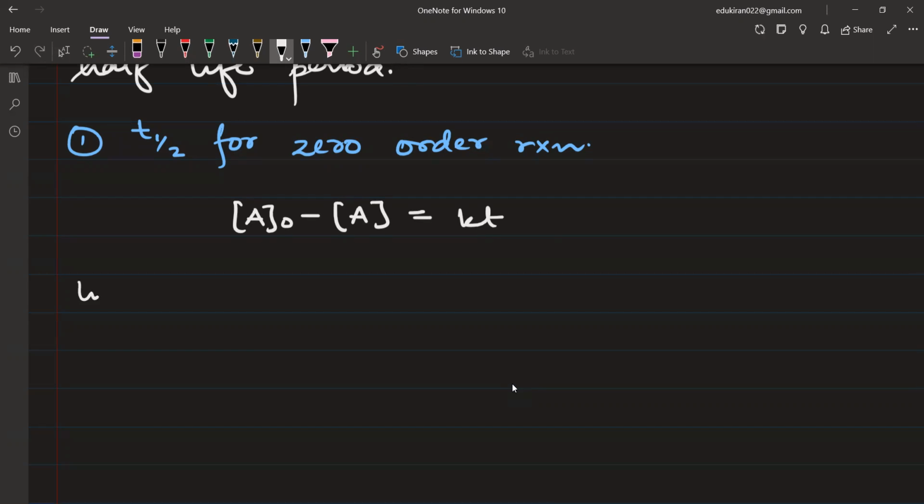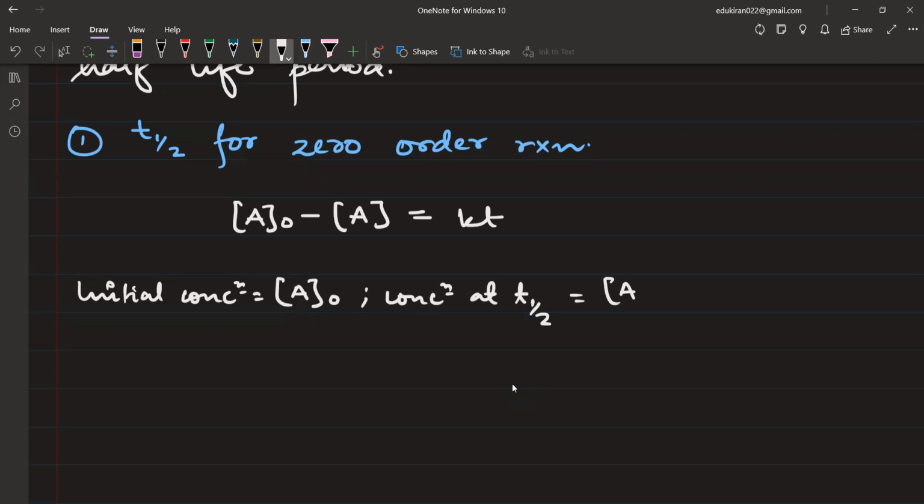Now, initial concentration is equal to A naught, right? And the concentration at T half, it will be equal to how much? A naught by 2. All of you agree with this?